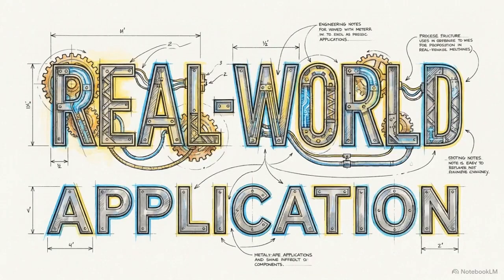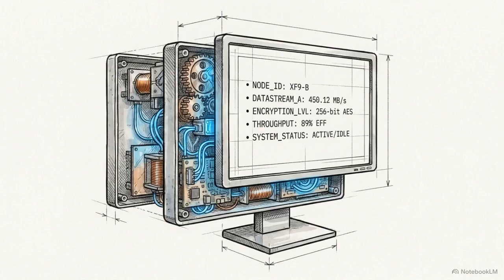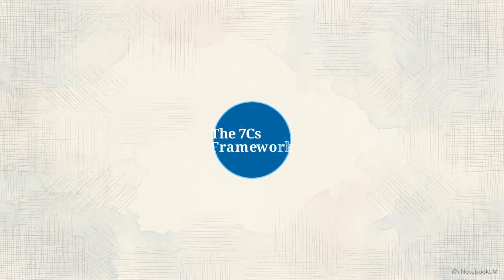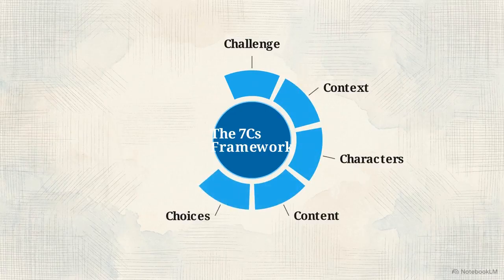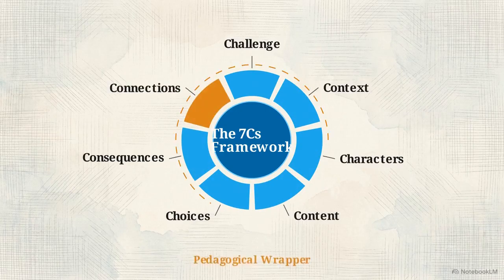This forces a third shift, moving from decontextualization to contextualization. Abstract knowledge presented outside of a situational model remains inert and unusable. Designers structure this context using the 7 C's framework: challenge, context, characters, content, choices, consequences, and connections.